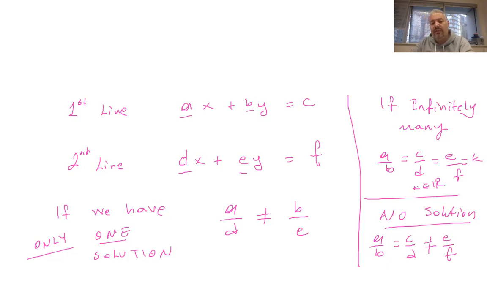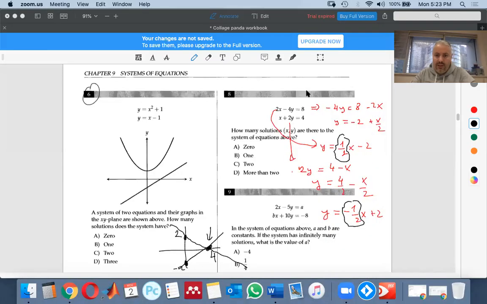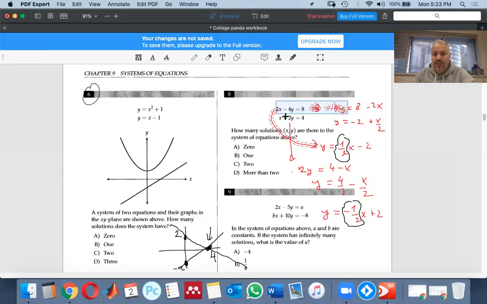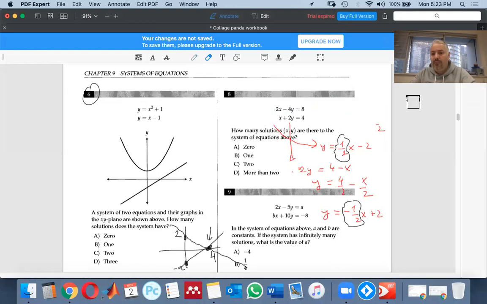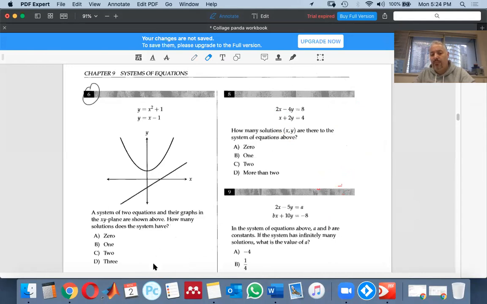So if we go back to our question, let's have a look together. Without solving, we can say how many solutions exist, and I prove it, I solve it. Here, A is 2, B is negative 4, C is 8.